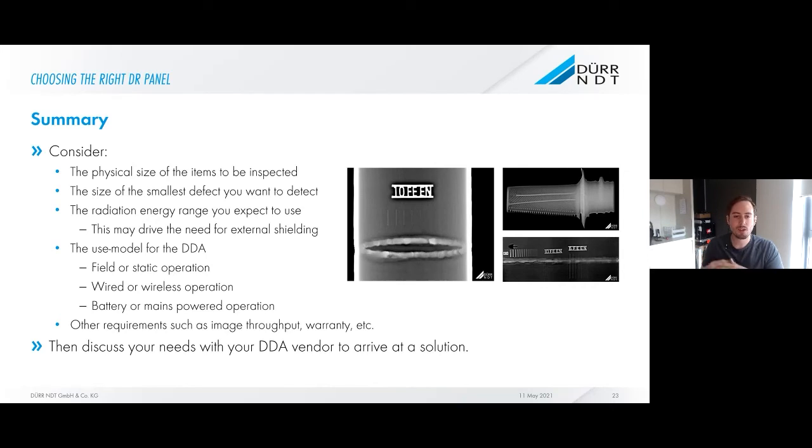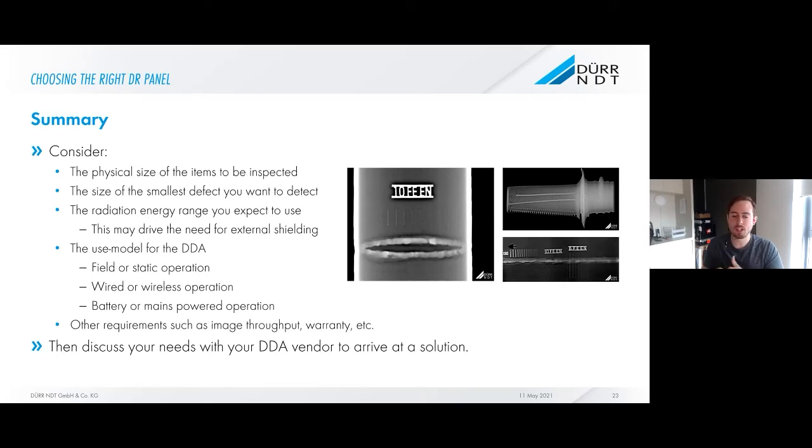So all these things you need to know before you can really choose a DDA, because it does drive a lot of the decisions, especially with shielding and pixel size and the size of the panel itself. There are other important things to consider: warranty, cost, software, like I just mentioned.